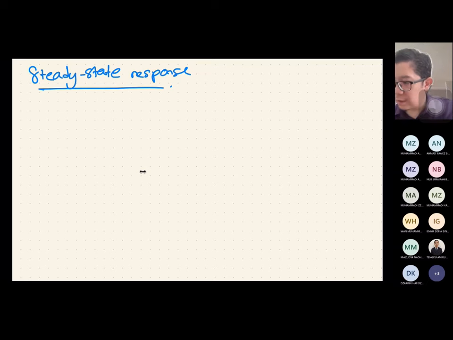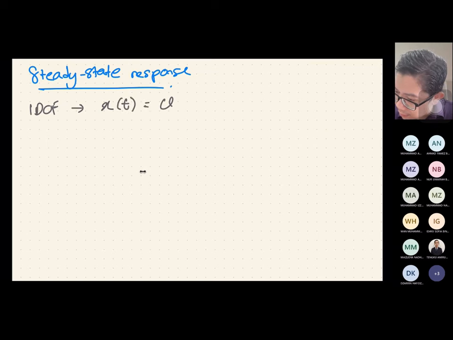One is in chapter 3, since we are talking about only single degree of freedom. In single degree of freedom, we can simply define the response as x(t) = U sine omega t.